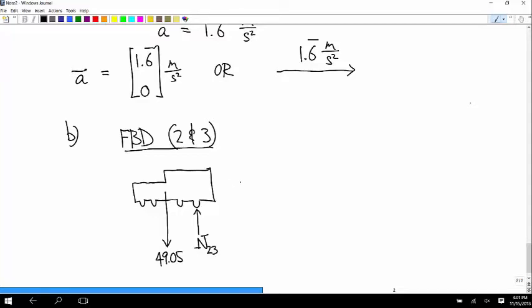Then there's a 10 Newton force this way. And then we don't have the 20 Newton force because that's being applied to the 1. So that's over here somewhere. That doesn't touch this boundary. So the only other contact that this boundary makes with the outside world is the contact that this makes with the 1 kilogram part.